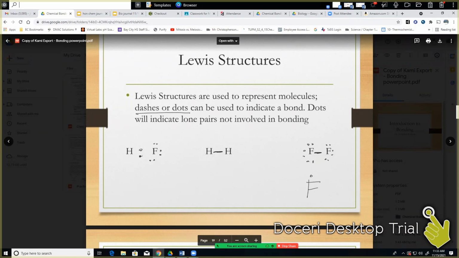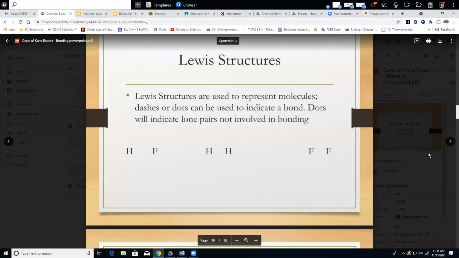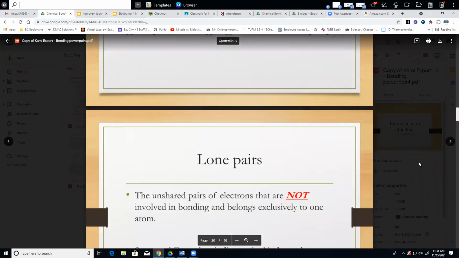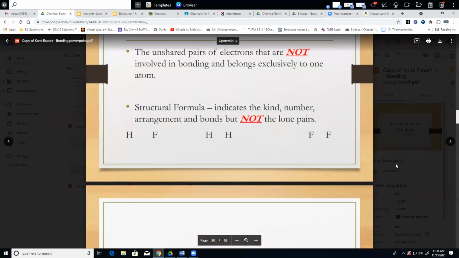If we look just at a single fluorine, that's what it looks like. So notice that the atom, in this case fluorine, keeps the 3 pairs. It's willing to donate that single electron to a bond to share, but it's going to keep its own pairs. And that's usually true. And for what we do in Chem 1, that's going to always be true. And I kind of already said this, the unshared pairs of electrons that are not involved in the bonding belong exclusively to that one atom.